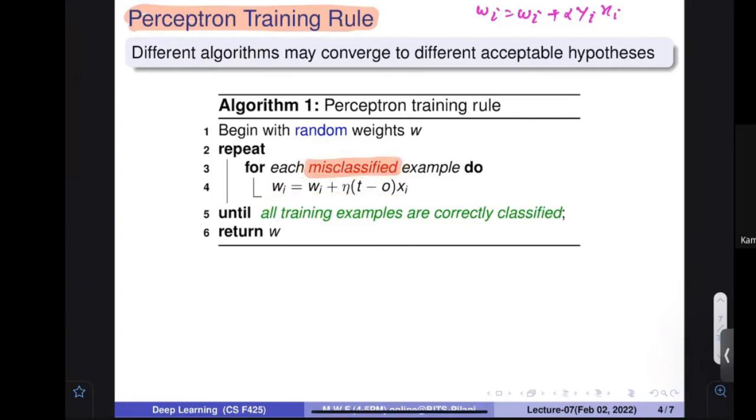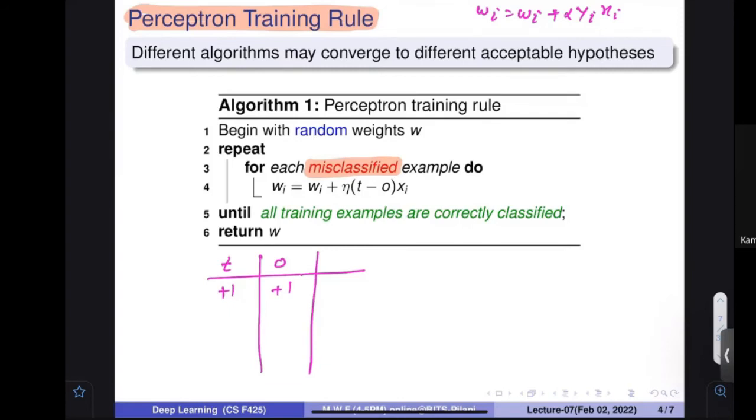What are the misclassified cases? Let's see what the target is. In the misclassified cases, what is my target? Let's assume the target is +1. If the target is +1 and the item is misclassified, then what is the output of my model? Is it +1? No. If it were +1, then it is rightly classified by my model.